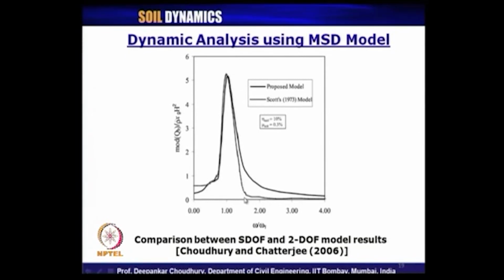You can see at higher frequency ratio, Scott's model or the single degree of freedom model gives a drastic change in the result, whereas the 2 degree of freedom model gives a smooth curve or smooth results, which is expected for the variation of this dynamic earth pressure with respect to different frequency ratio. Otherwise, close to the resonance condition, they match pretty well. However, at higher frequency ratio, the 2 degree of freedom model captures a better response of the wall than a single degree of freedom model.